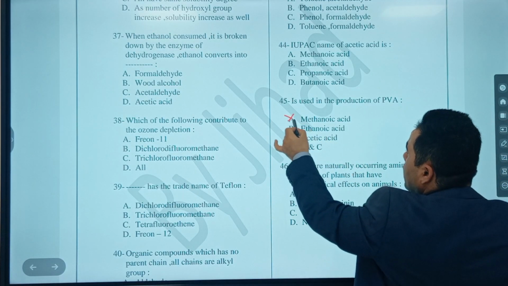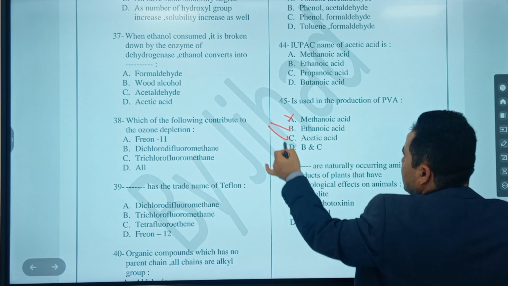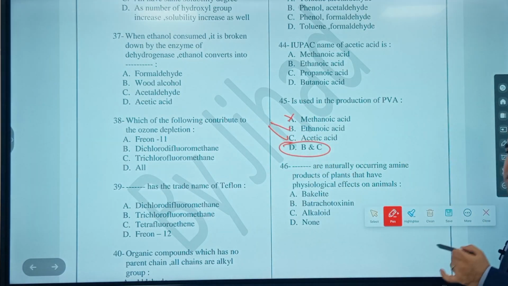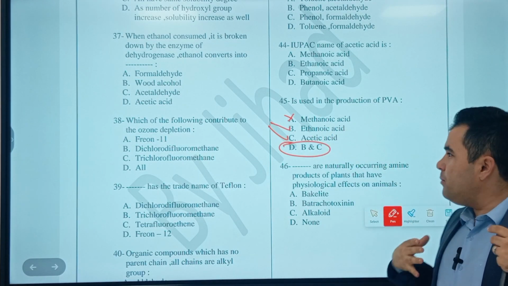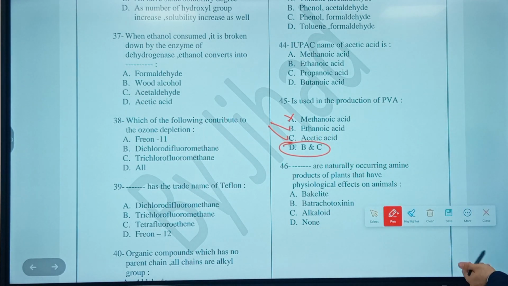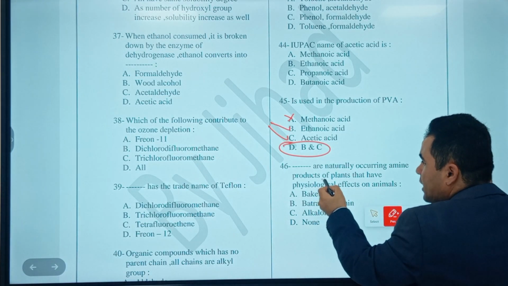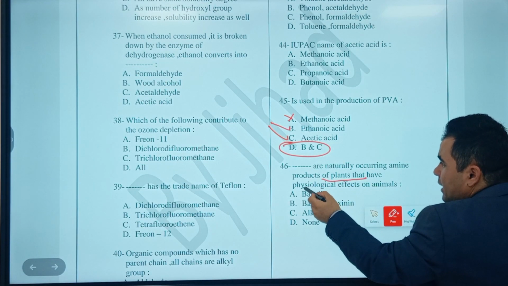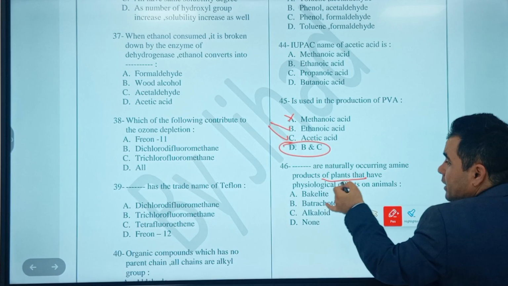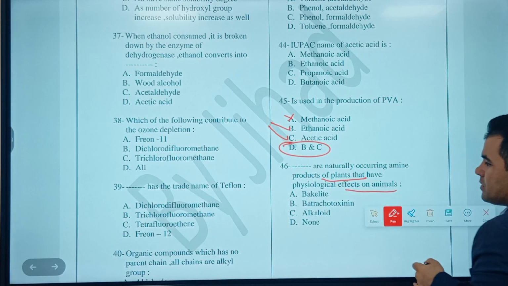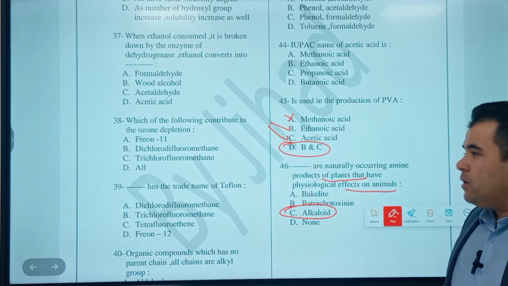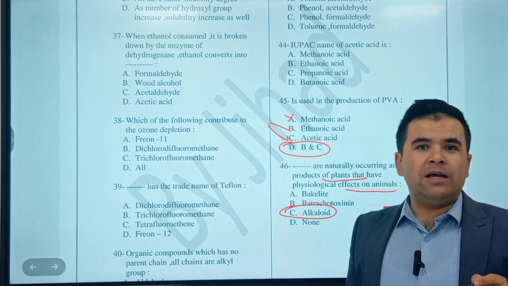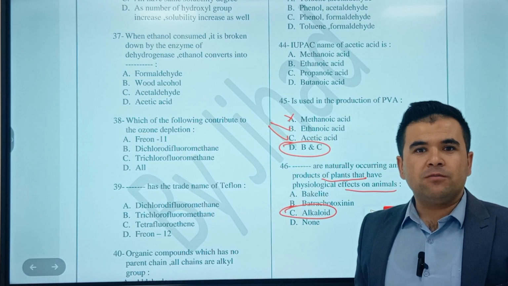Methanoic acid, no. Ethanoic acid, yes. Acetic acid, yes. B and C are the same because acetic acid is the common name of the IUPAC name ethanoic acid. Which are naturally occurring products of plants that have physiological effects on animals? The alkaloids, guys. The alkaloids are the group that affect animals as drugs.